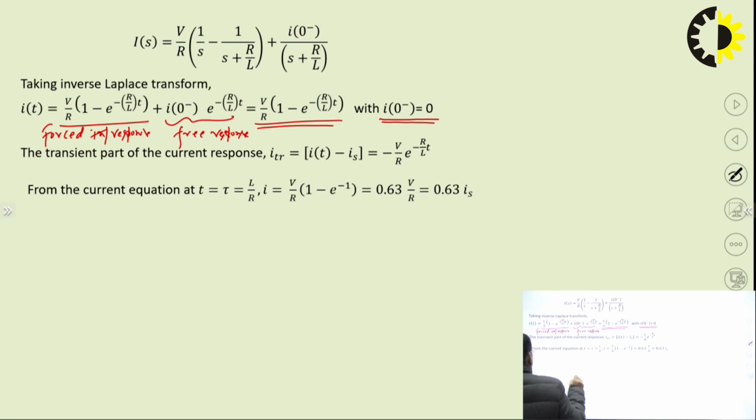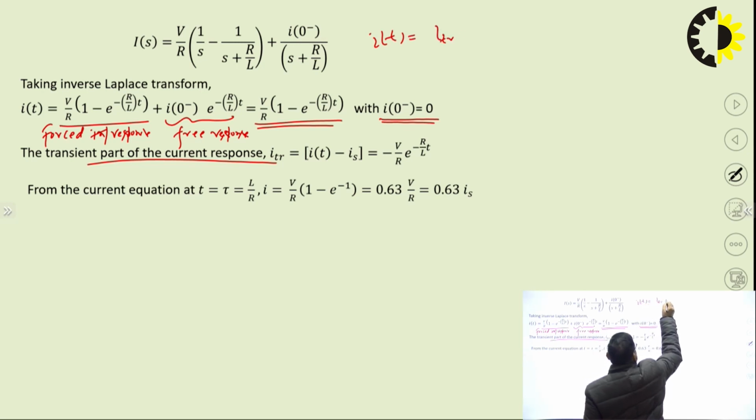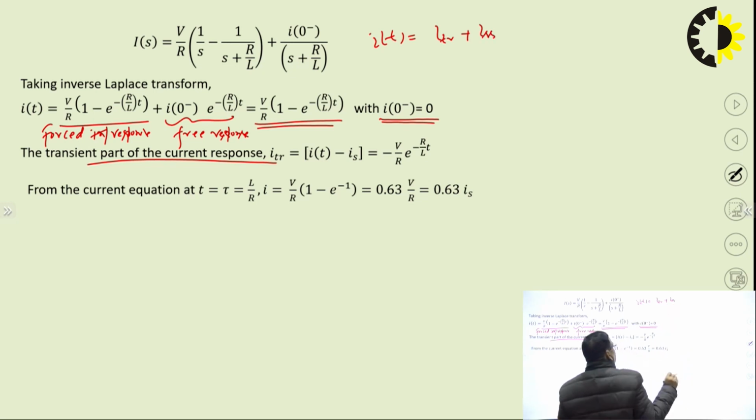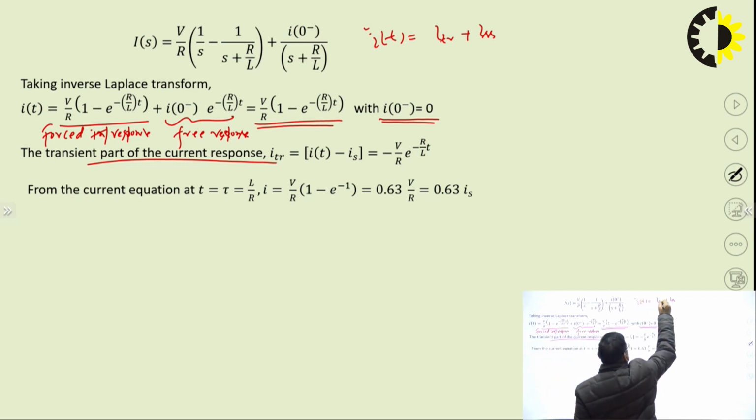So, the transient part of this, how will we get it? The total time response is I_TR plus I_SS. I_TR means the transient response; if it is current, then it is the transient current.